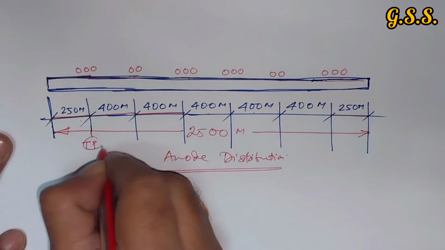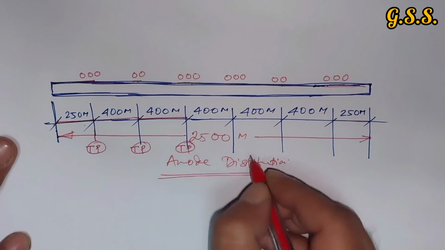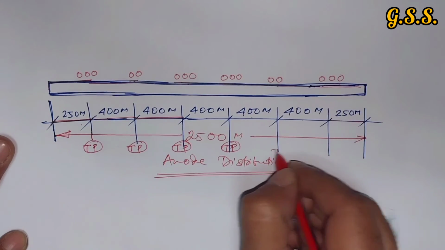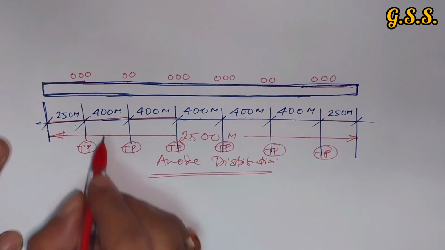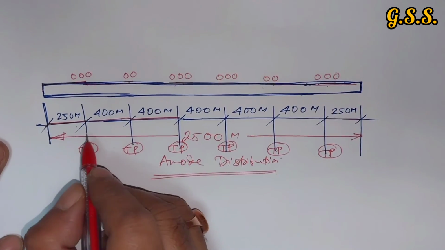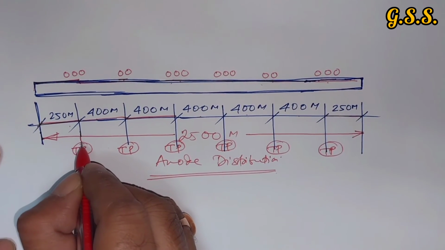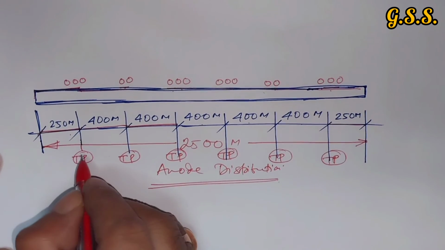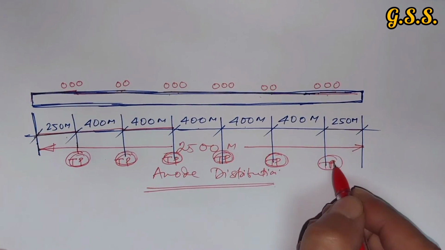At 6 places we are providing anodes, so our test points will be at 6 places.